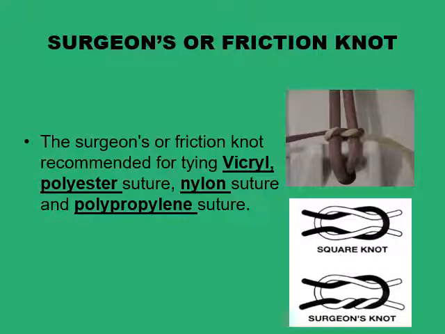The idea behind developing the surgeon's or the friction knot is that you want to add to the security of the first half reef knot in the wound before applying the second locking half reef knot.